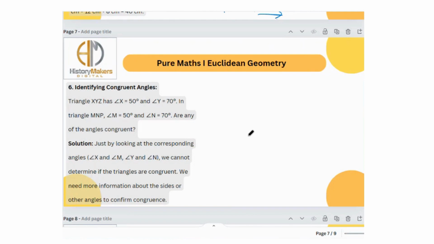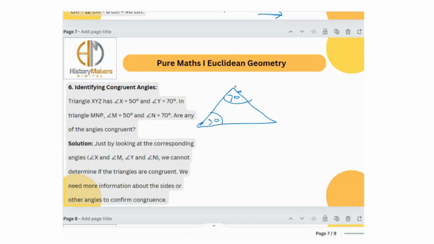Now, moving to the next question, it talks about identifying congruent angles. The triangle XYZ has an angle X of 50 and an angle Y, which is equal to 70. So I've been given two angles in this particular triangle. So it's a triangle which has, let's draw it, a 70, and also it's got a 50.